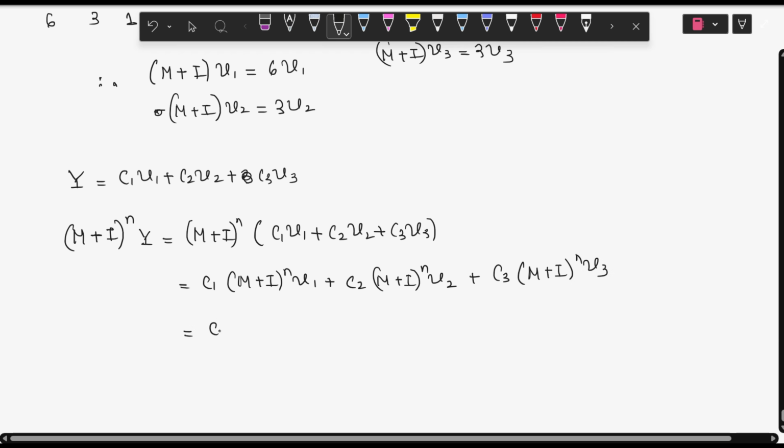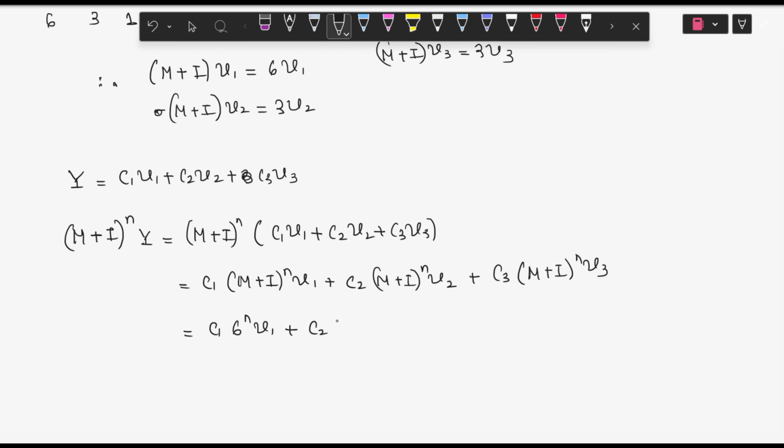So हम इससे बोल सकते हैं c1 that would be 6^n v1 plus c2 3^n v2 plus c3 v3, सही है ना.